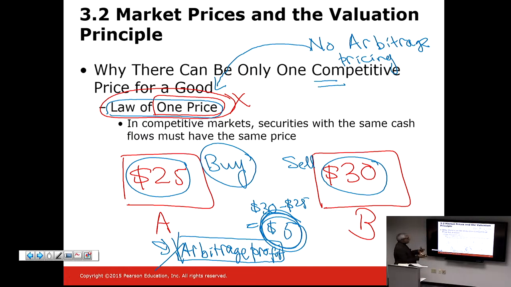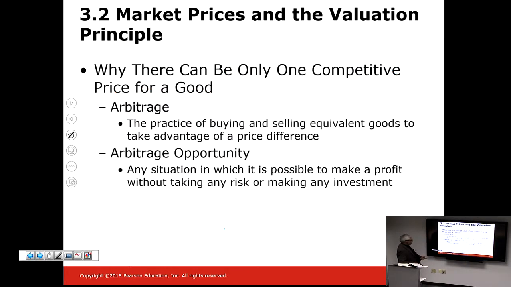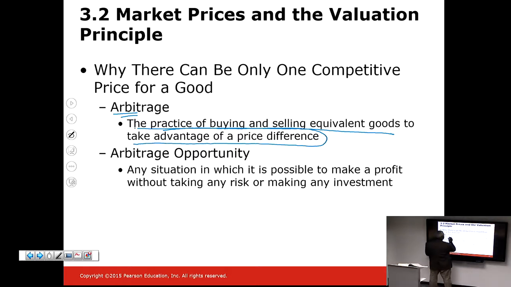In a competitive market, securities with the same cash flow, two goods that are identical, two financial securities that are identical, must have the same price. If not, then we have this unusual opportunity to make profit that we call arbitrage profit. So arbitrage is the practice of buying and selling equivalent goods to take advantage of their price differences.